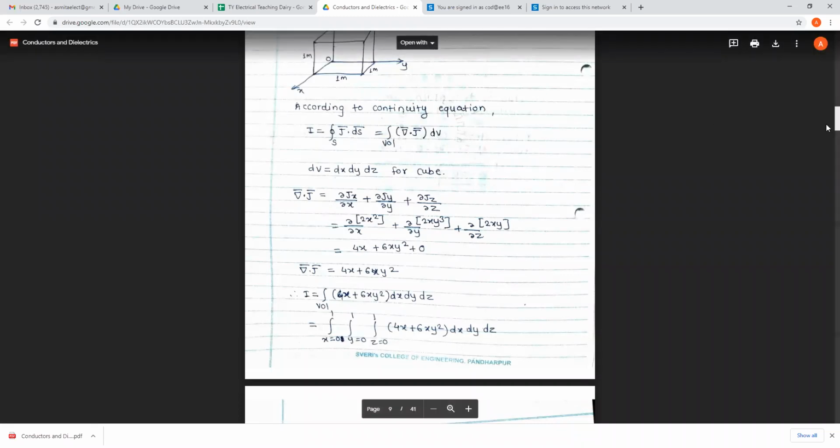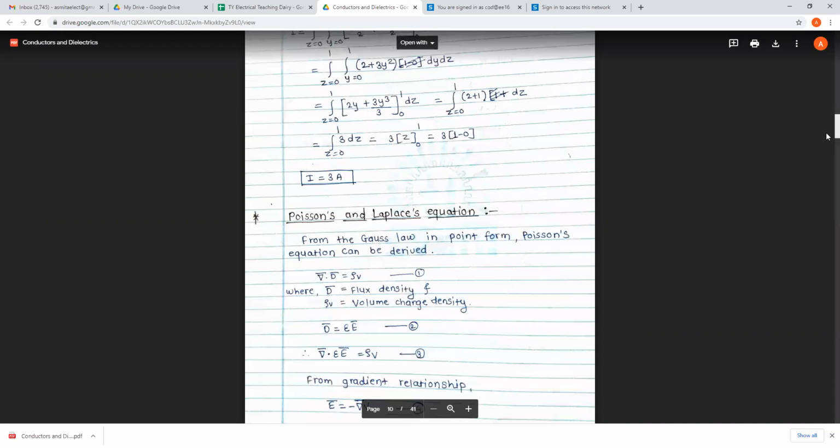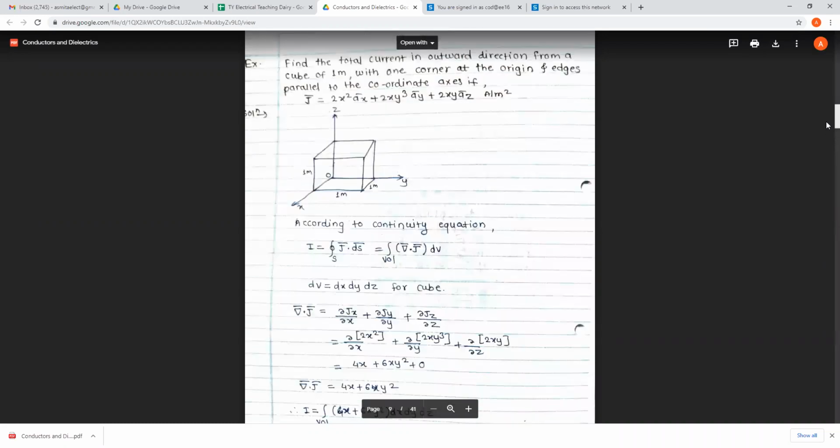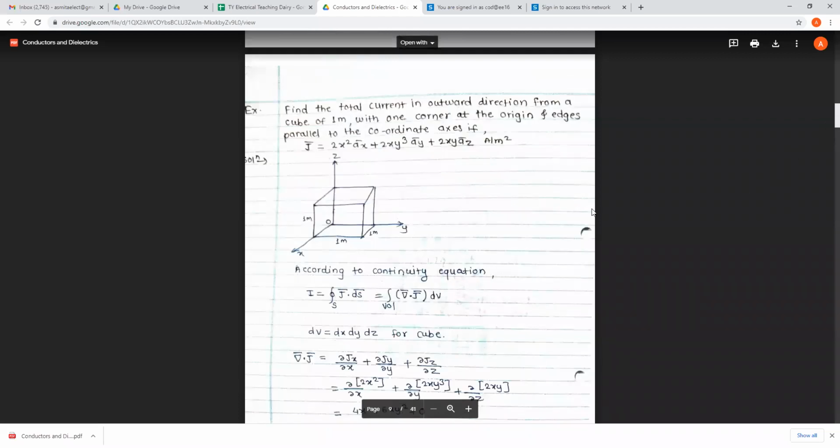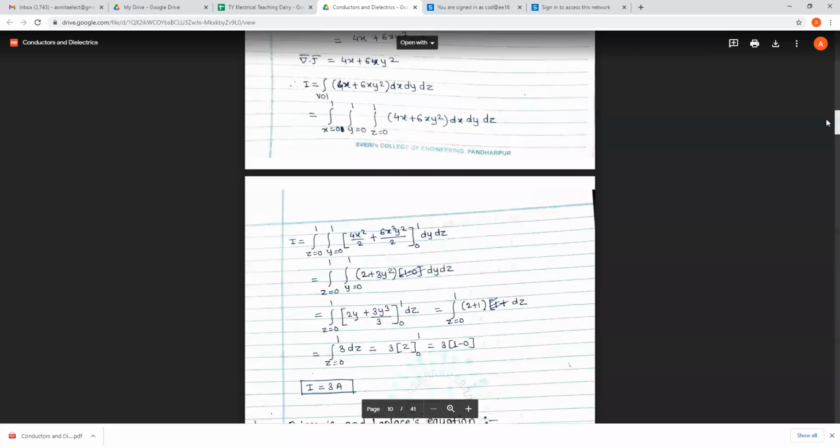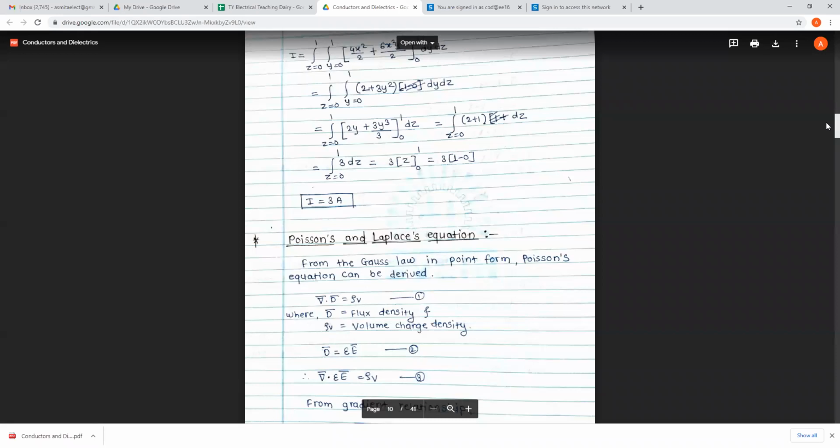So solve the right hand side first, and from the right hand side only you can find the current I flowing through it, because for the surface they have not mentioned the differential lengths and unit vectors specially.